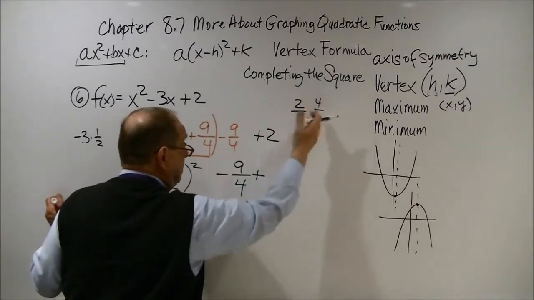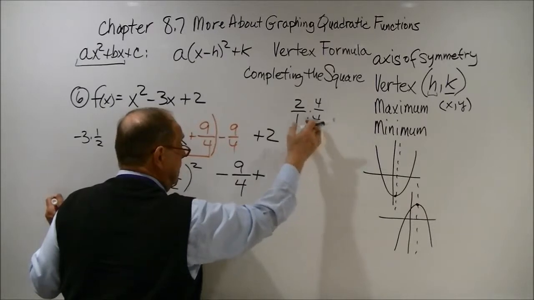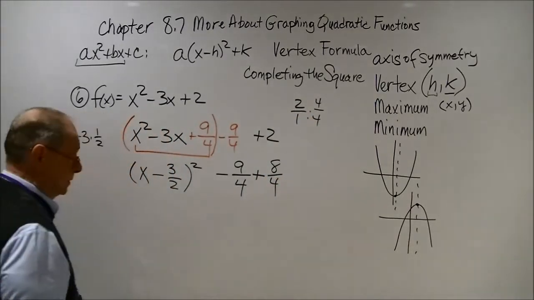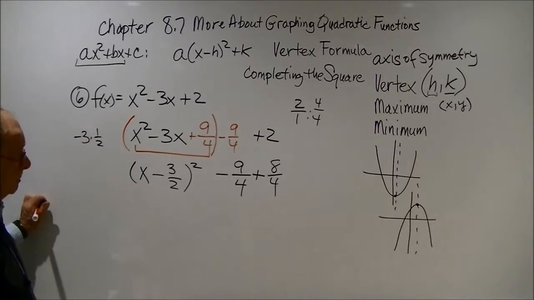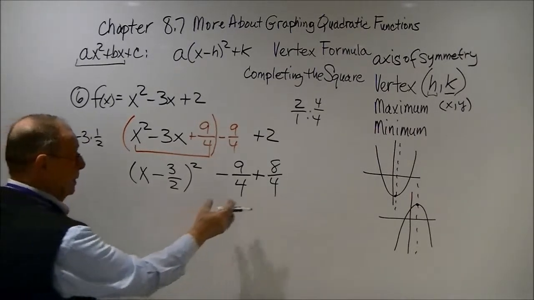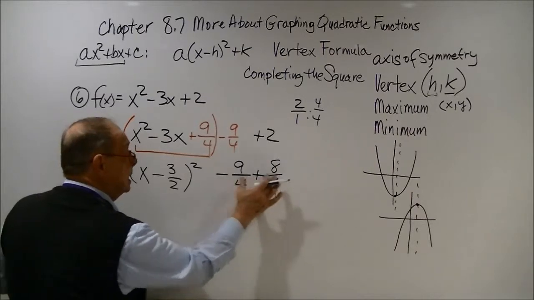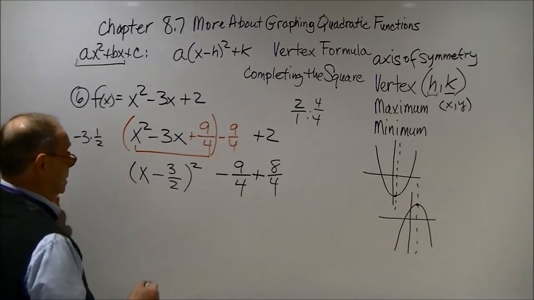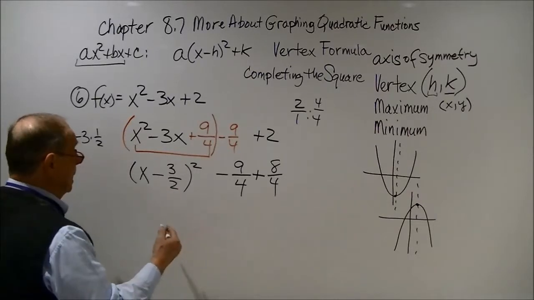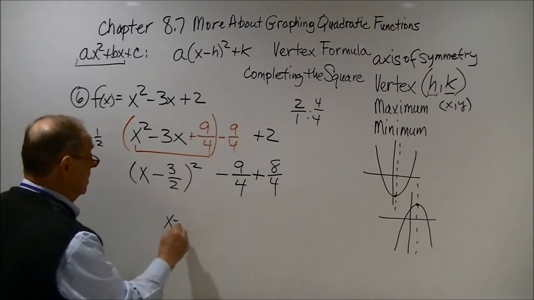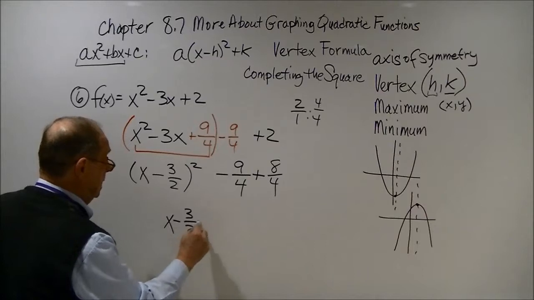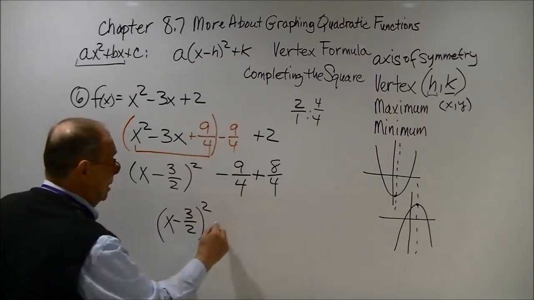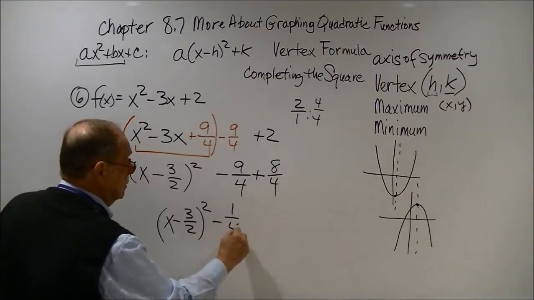I can multiply anything by 1. This then becomes 8/4. Now that they're common denominators, I can do my, in this case, subtraction. And my answer becomes x minus 3/2, the quantity squared, minus 1/4.